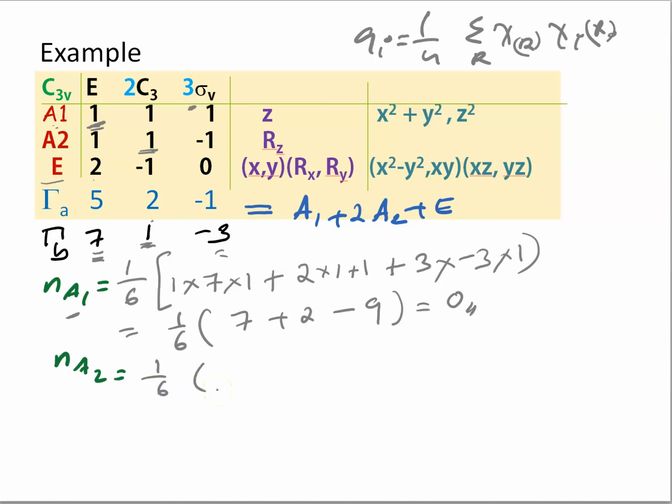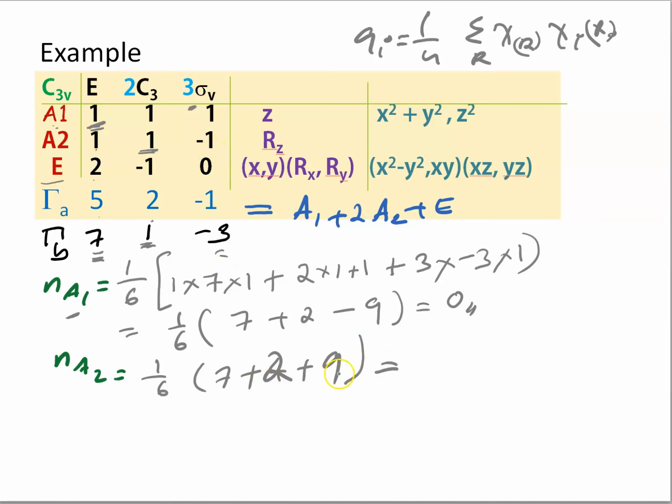Again 1 by 6 into 1 into 7, that is 7, plus again next C3, 2 into 1 into, we are considering A2, 1, so it is 2, plus 3 into minus 3 into minus 1, that is minus 9 into minus 1 is equal to 9.